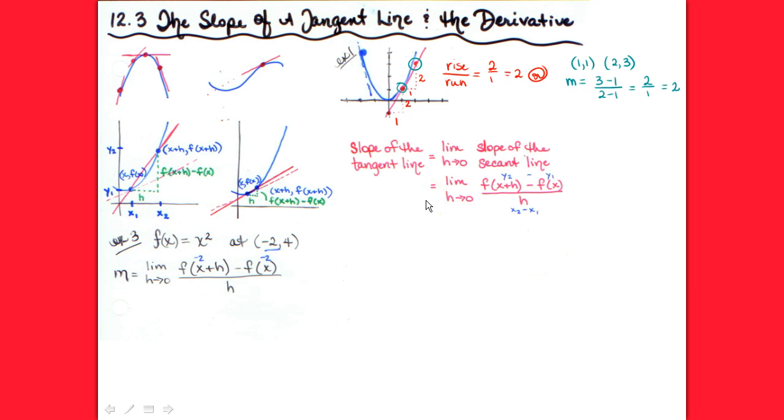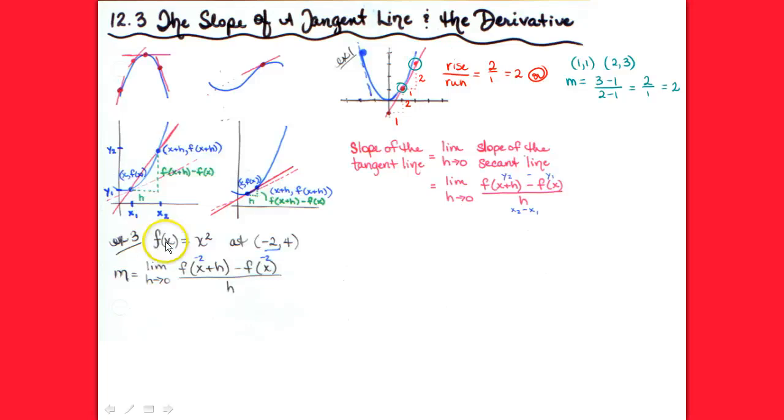Because that's exactly what we were doing in 12.2 when we were reviewing the difference quotient that we've seen repeatedly this year. This is a difference quotient, and in 12.2 we put the limit with it, and we said that that would be our definition of derivative. And so later on in this section, they do tell us that slope of the tangent line and derivative are the same thing. So let's look at example 3.